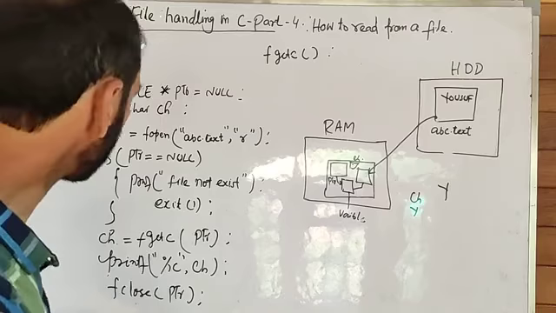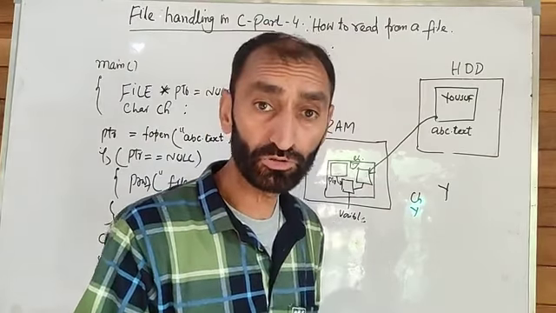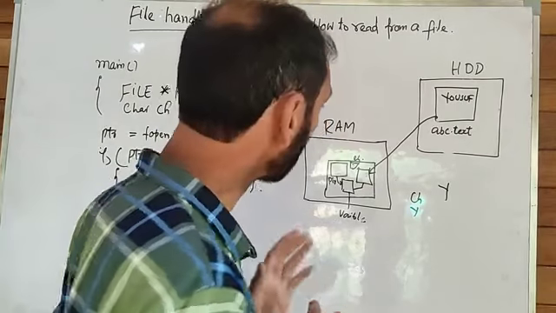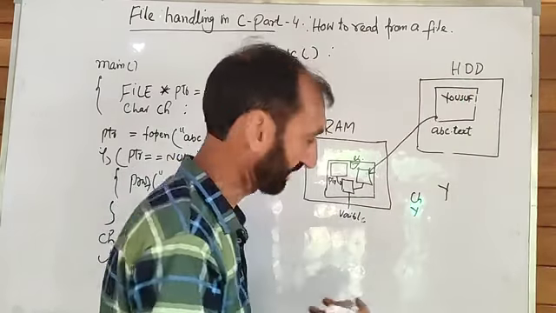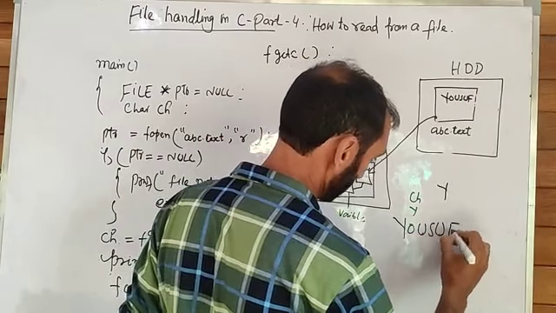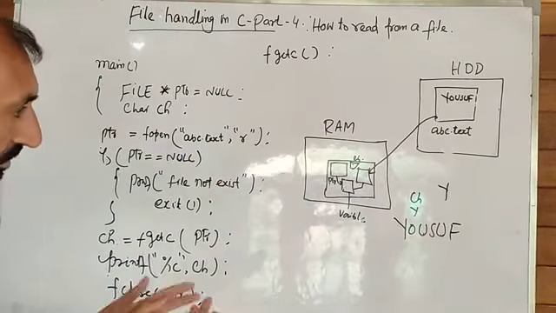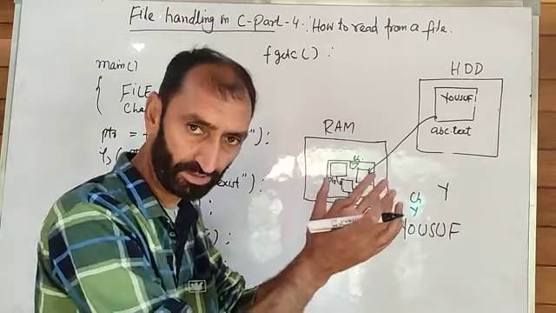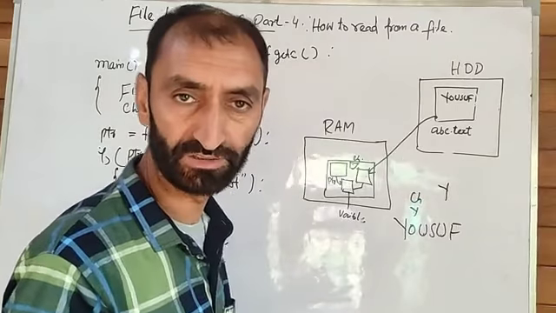But now the question is, if we want to read the entire file. For example, in this case, this file contains yousuf, 1, 2, 3, 4, 5, 6 characters. We want to read all these characters from the file. Then how can we read them?